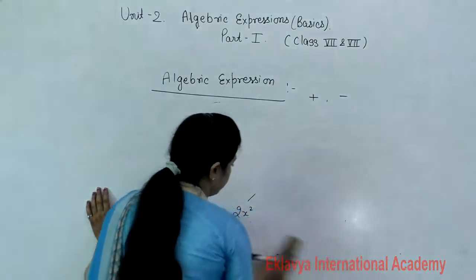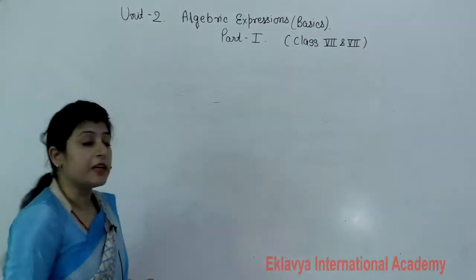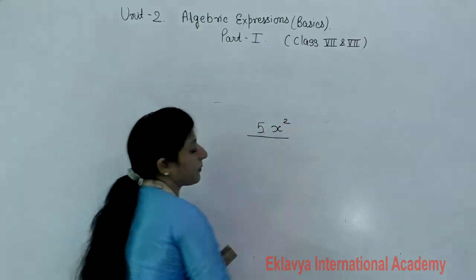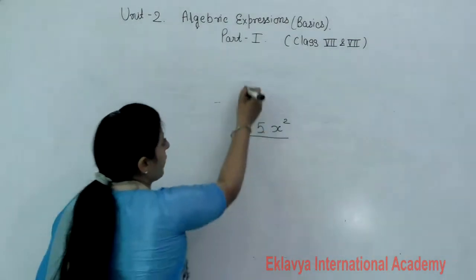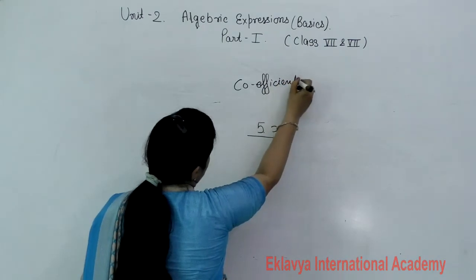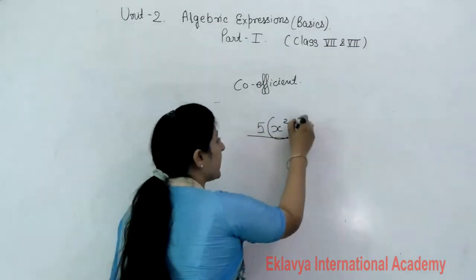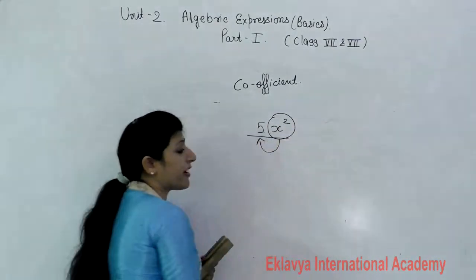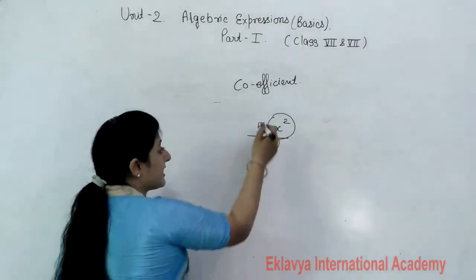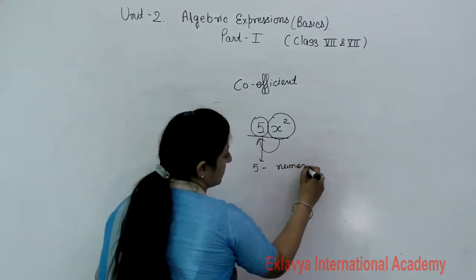Next thing, if I write down any term, suppose I write down 5x square, now I am talking about the coefficient. What is the coefficient? If we take the coefficient of x square, it means we take the coefficient of the variable, and this value 5 is called the numerical coefficient.